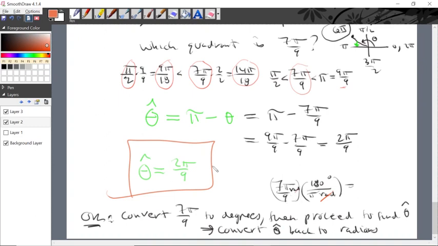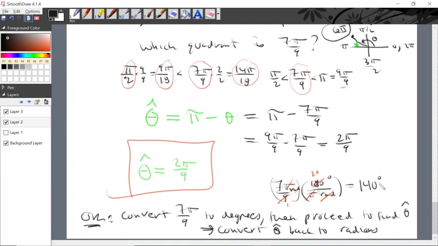So we have 7 pi over 9 times 180 over pi. We can cancel pi with pi. We can also reduce, dividing 180 by 9. 180 divided by 9 is 20. And then we can multiply straight across. We'll get 7 times 20, which is 140 degrees.